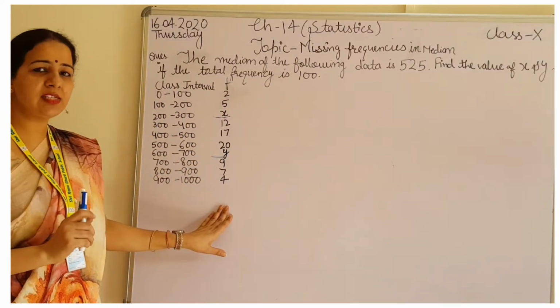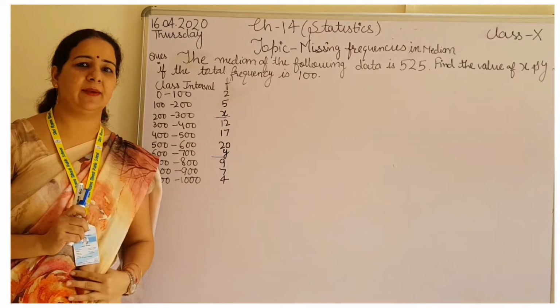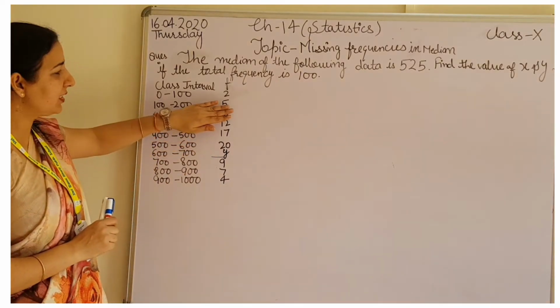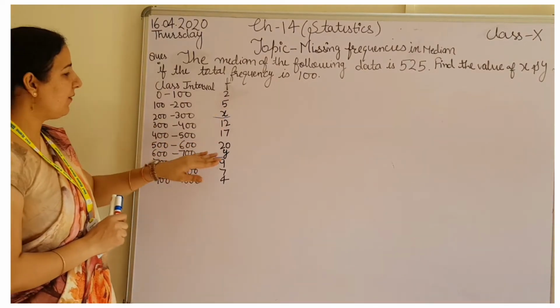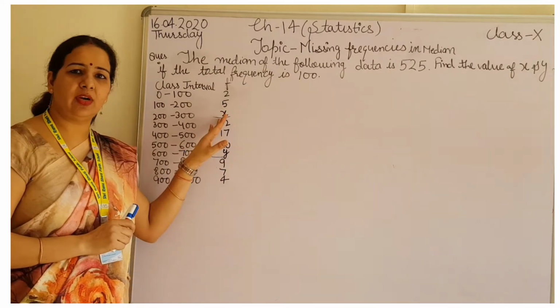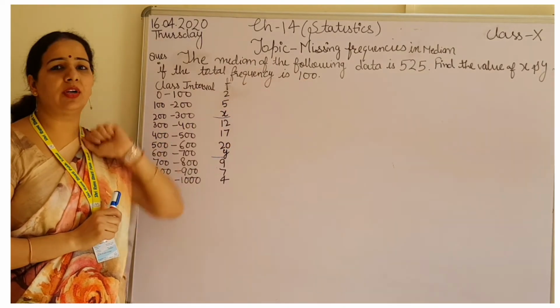There is a difference between one variable missing and two variables missing. If x is not given, meaning they have given the value of y and we have to calculate x only, then they will never give you the total.